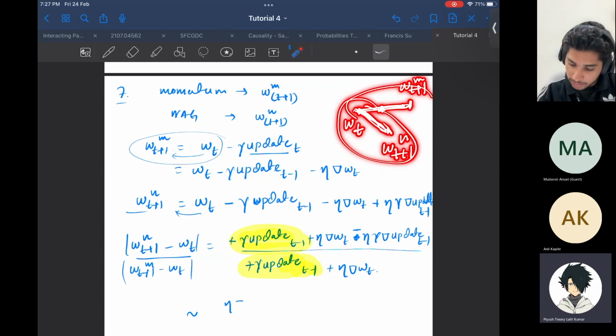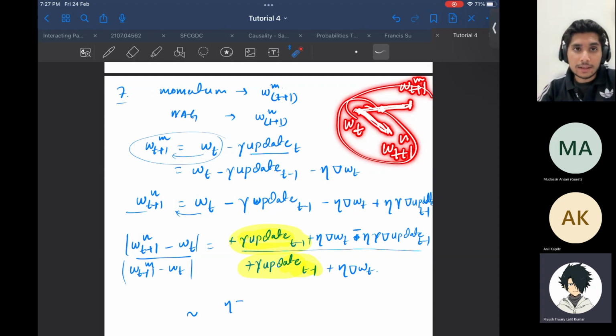So what I did was I wrote the update equation for momentum and for NAG, and I took this wt to both sides and kind of divided them. We observed that you have something which is common here and here, so maybe you can just ignore those things.